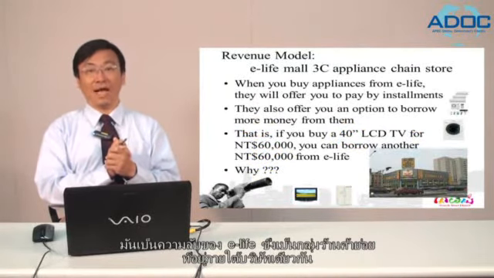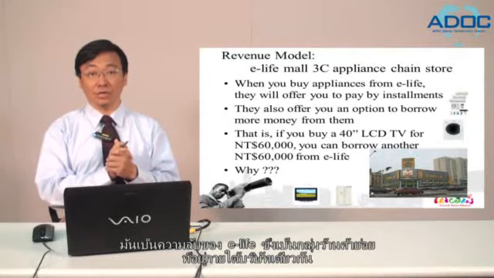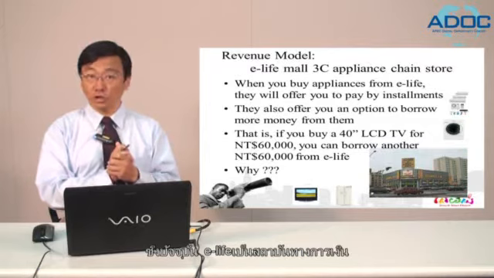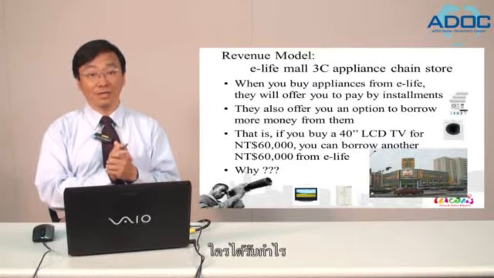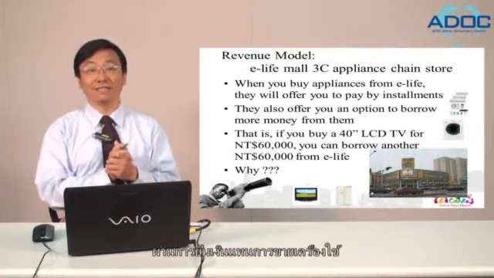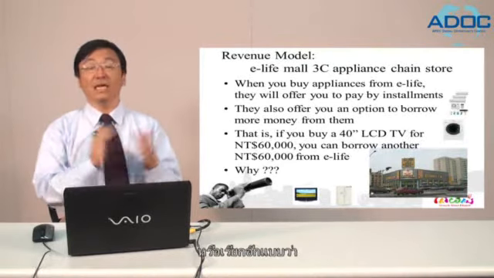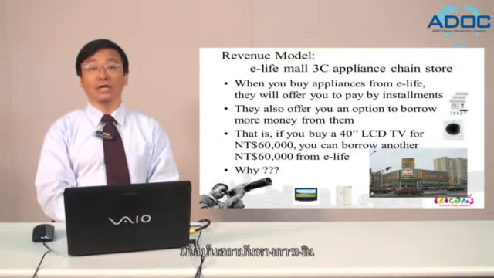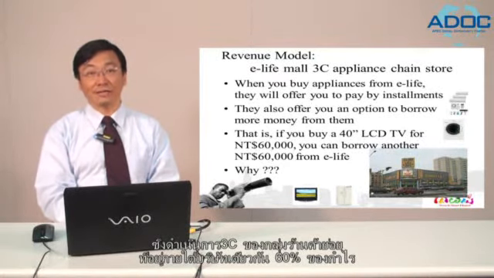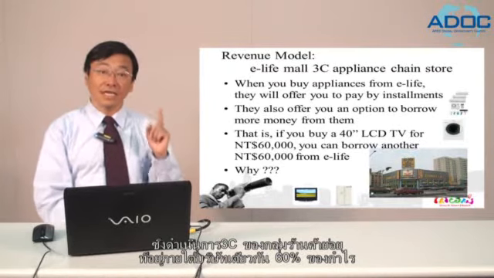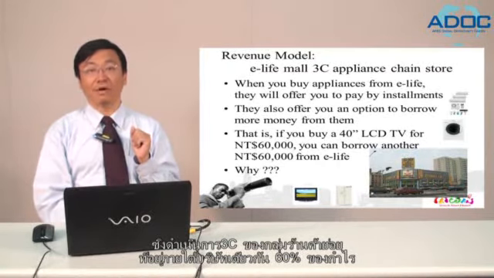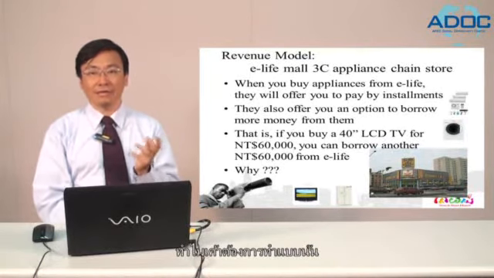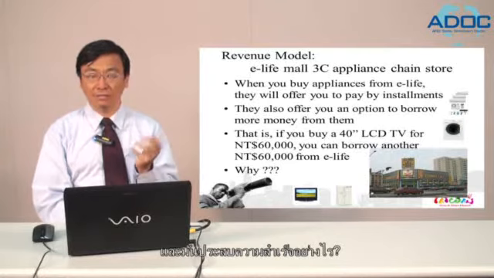The secret behind the eLife appliance chain store is that eLife is now actually a financial institution that earns its profit through lending money instead of selling appliances. In other words, it is a financial institution that operates a 3C appliance chain store. 60% of their profit comes from lending money to their customers. Why do they do that, and how does that work?